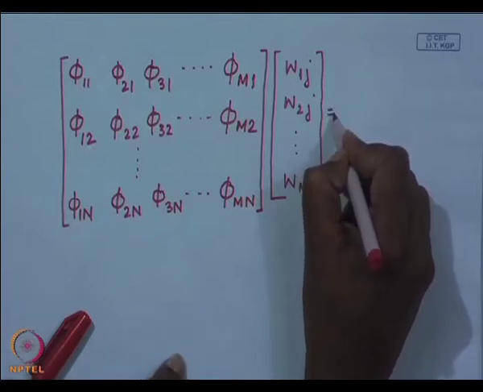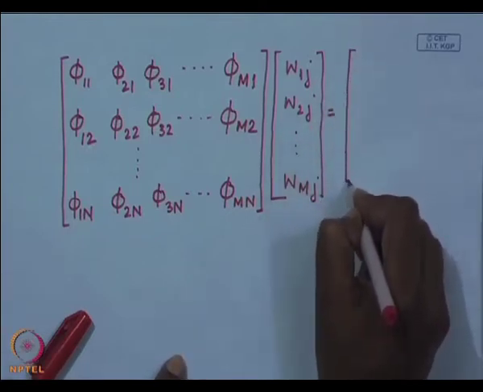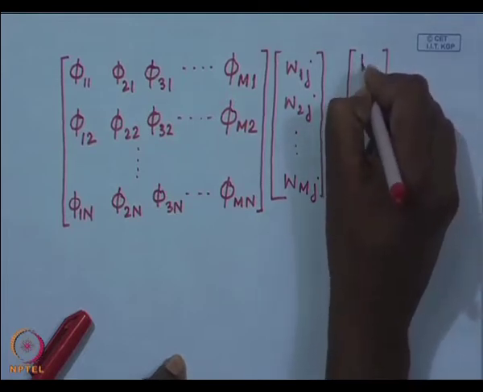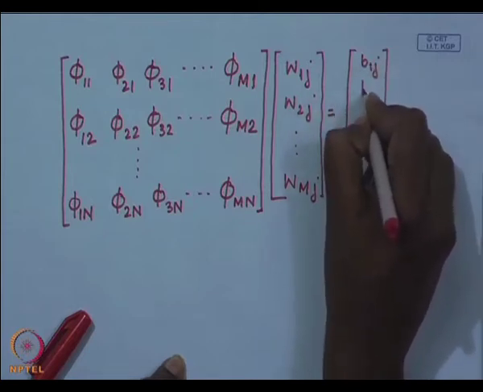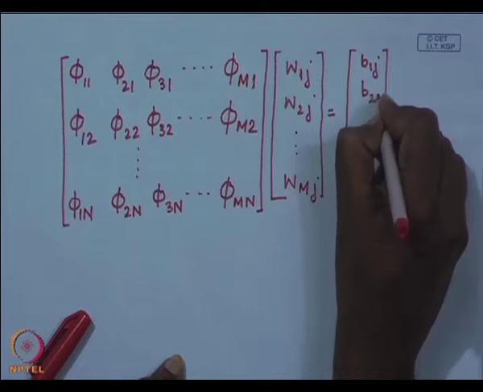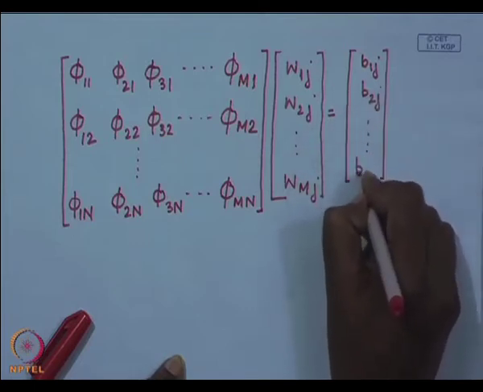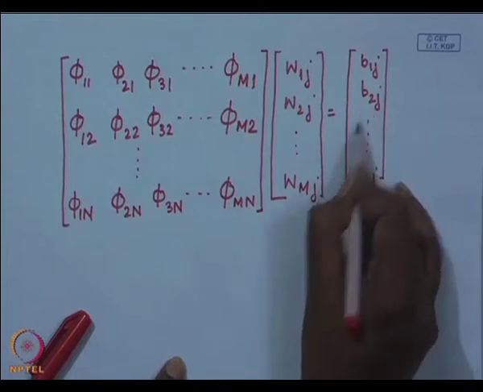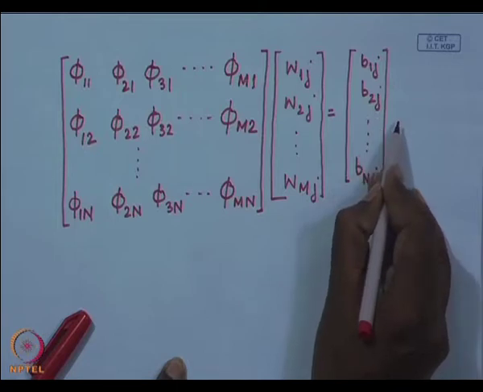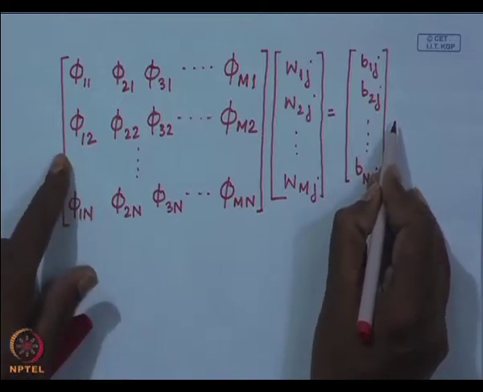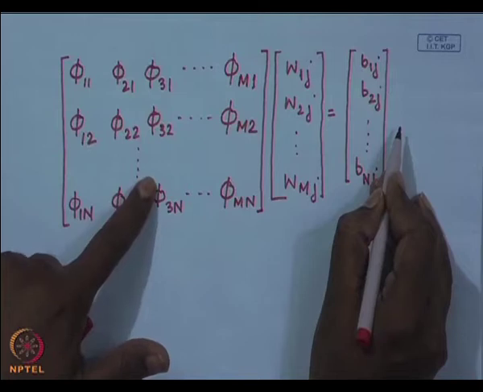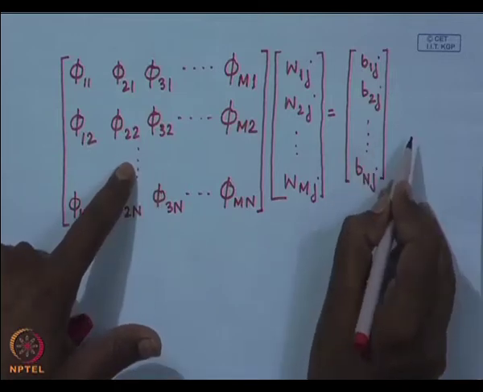or x 1. So, this has to be equal to, again I put the output in the form of a vector, b 1 j, b 2 j up to b n j, where every b i j will be equal to 1 if the corresponding x i belongs to class omega j, and that will be equal to 0 if the corresponding x i does not belong to class omega j.